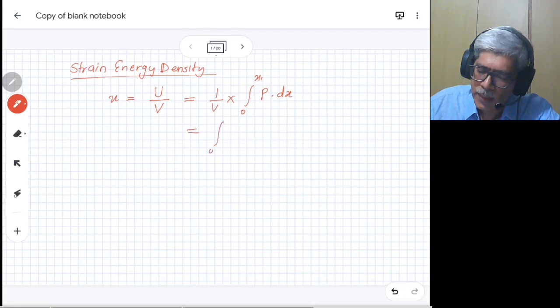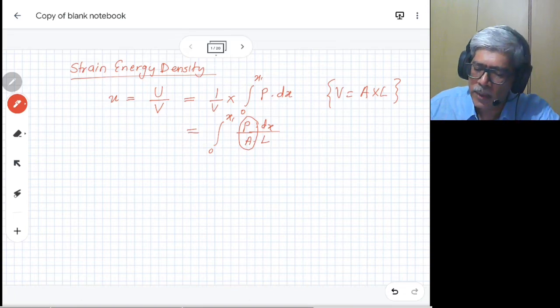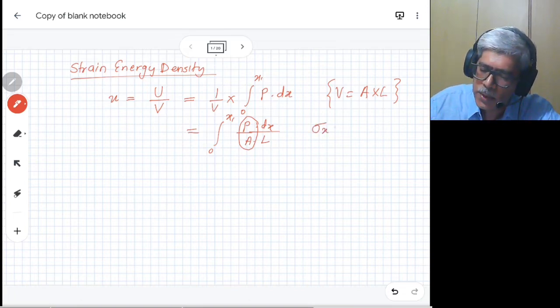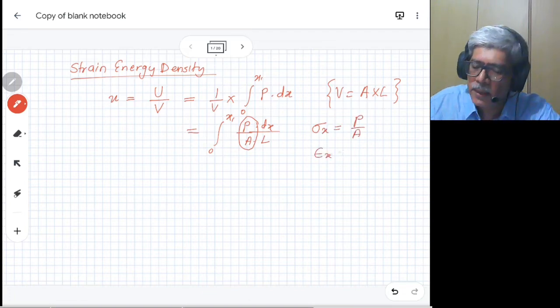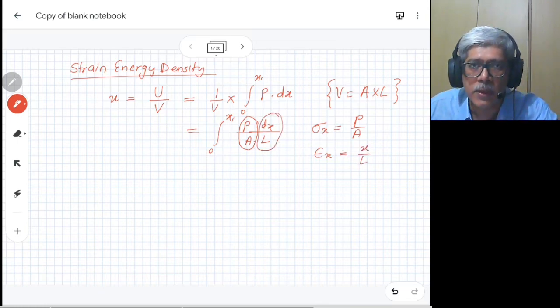If I take the volume inside the integral, since we know that volume equals area multiplied by length for the simple body that we are considering, we'll get here P divided by A into dx divided by L. If you look at this expression, P by A is nothing but the stress acting on the body, so you have sigma x equal to P by A, and the axial strain is given as dx by L. So this term dx by L is nothing but d epsilon x.